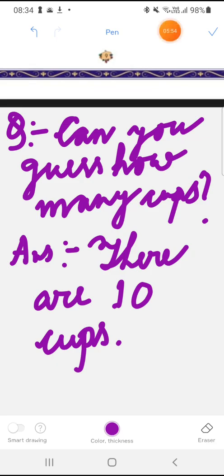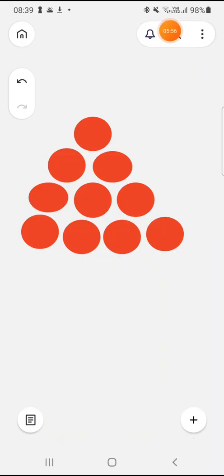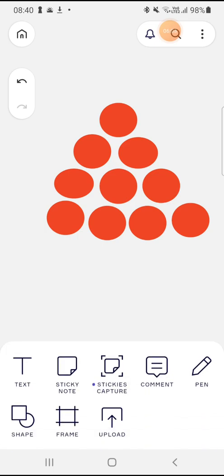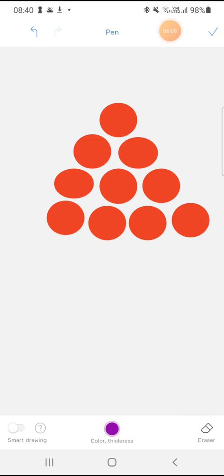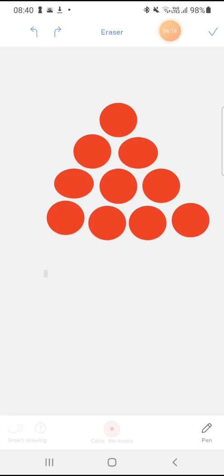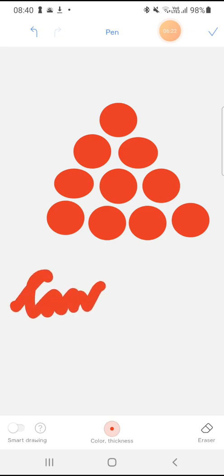There are 10 cups. So students, in this question you see, this is what I have made for you. These are the balls. Now if we are asked, can you guess how many balls are there?